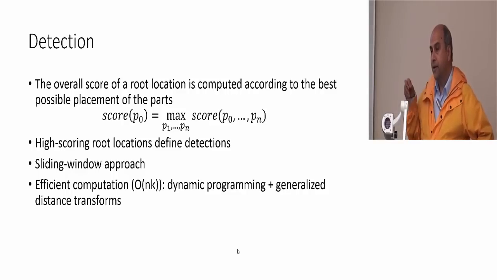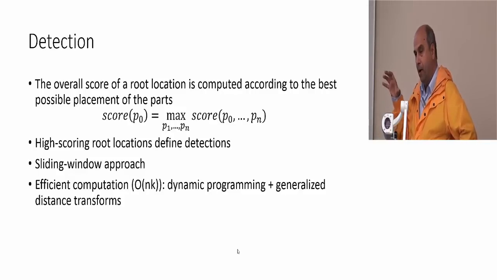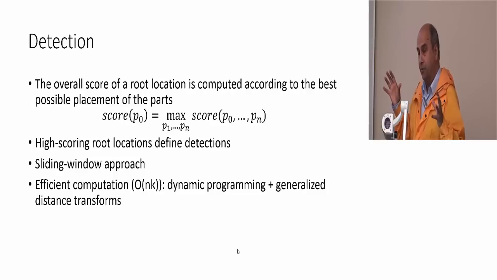See, the idea is that, let's say you have 8 parts. Given a root location, there are many possible locations part 1 can be, many possible locations part 2 can be, and so on for all 8 parts. Now we want to select from those combinations the best part locations for the root location. So it becomes a combinatorial explosion with lots of combinations.